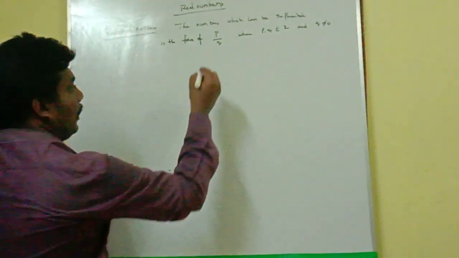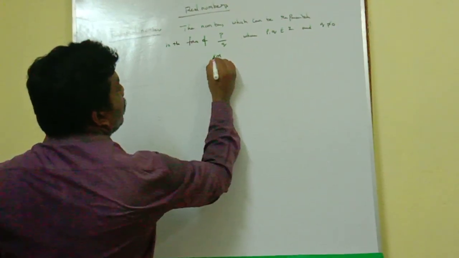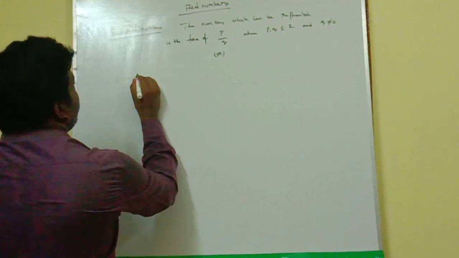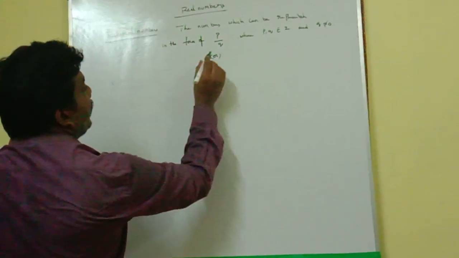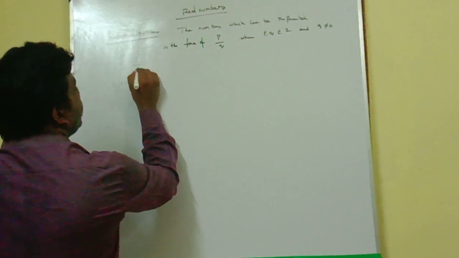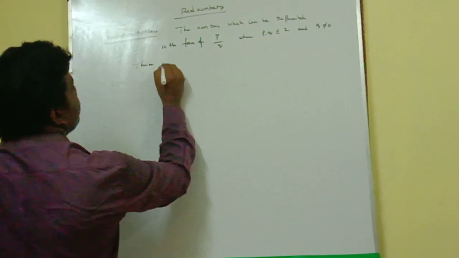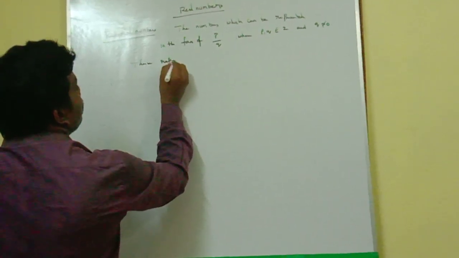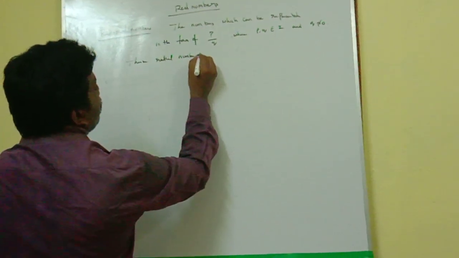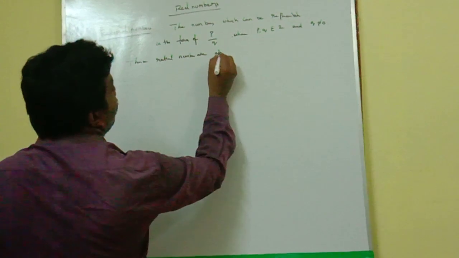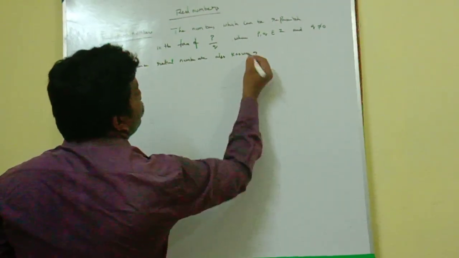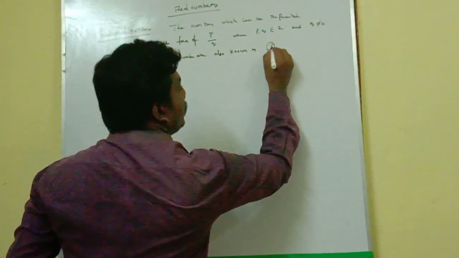The other name for rational numbers is quotient numbers.